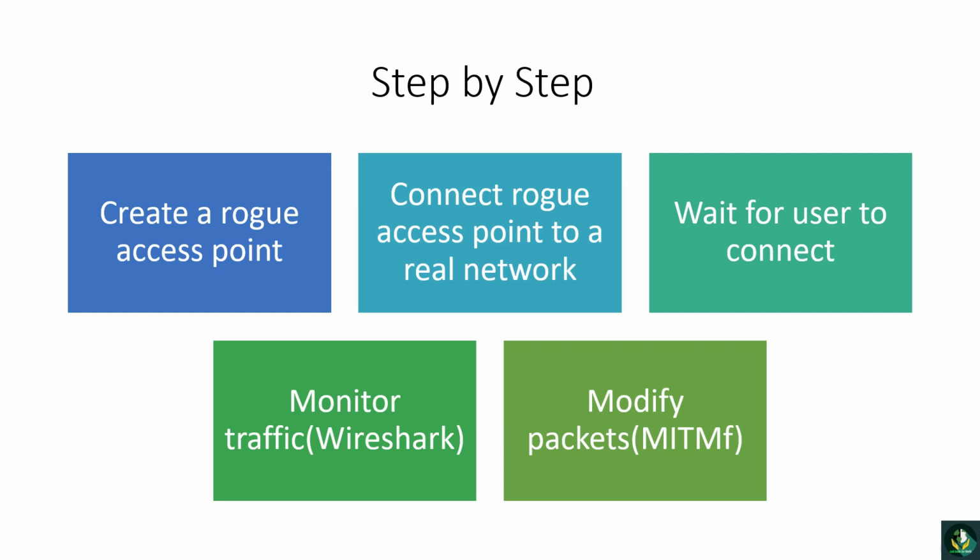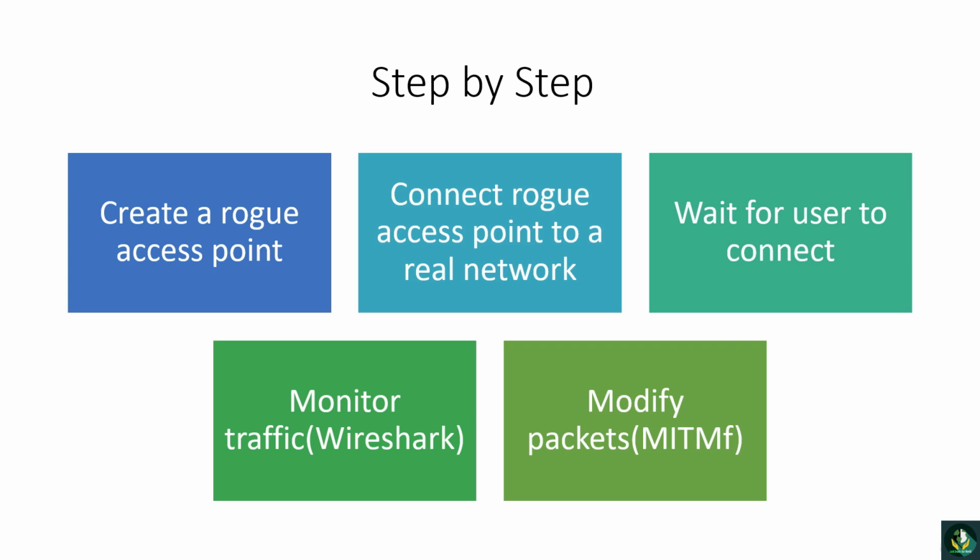The step by step of the attack consists of first creating the rogue access point. As we saw in our previous lectures, the rogue access point is connected to a real network.